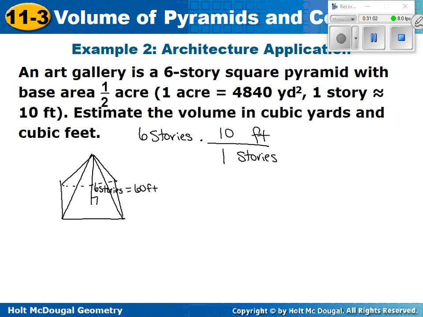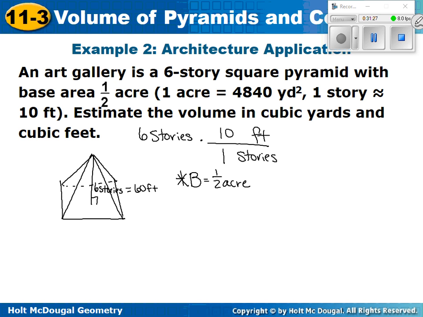Okay. Then it says that you have a base area, so they're giving you what letter? Capital B. The base area is a 1/2 acre. But we want to convert that to yards, right? And it says that 1 acre is approximately 4,800, or is exactly 4,840 square yards.